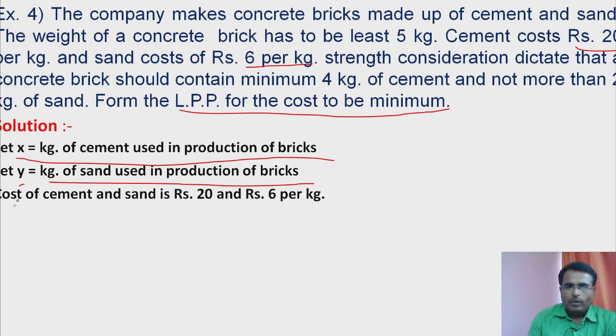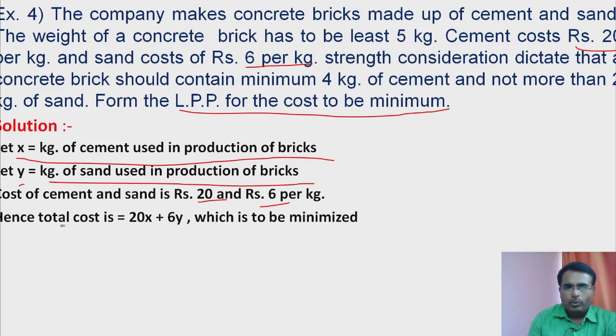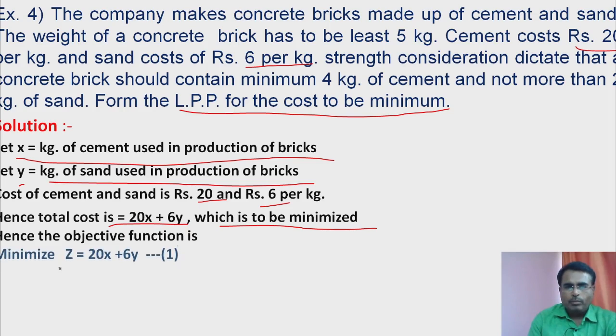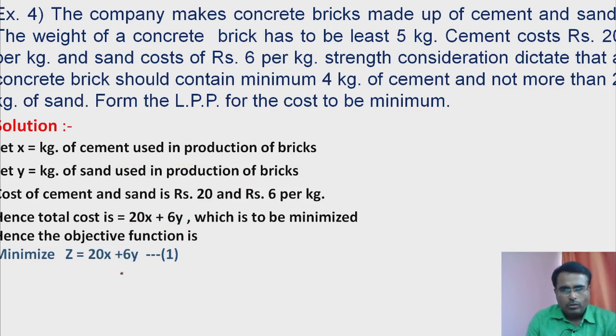Therefore, the total cost is 20x plus 6y, and we want to minimize this cost. That is why we must consider the objective function as minimize z equal to 20x plus 6y. Okay, this is your objective function, minimize z equal to 20x plus 6y.